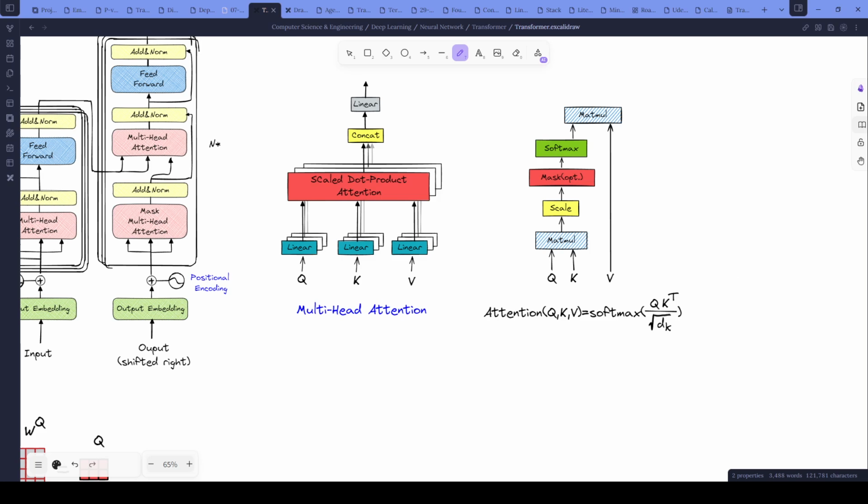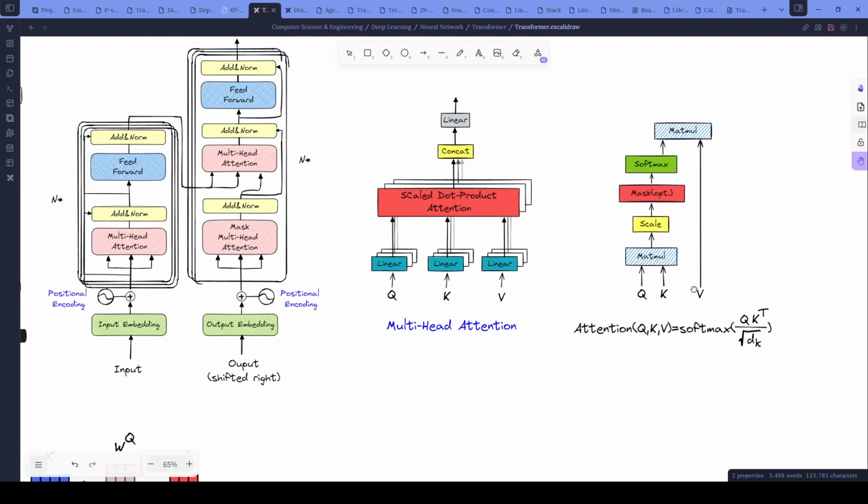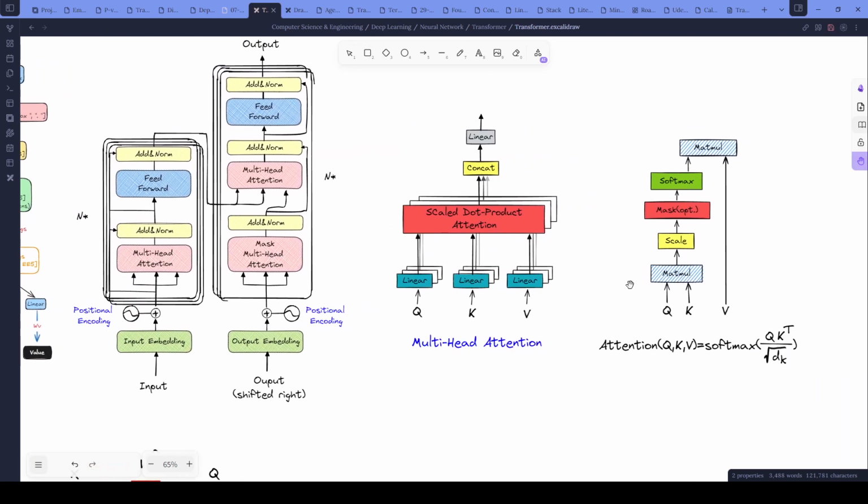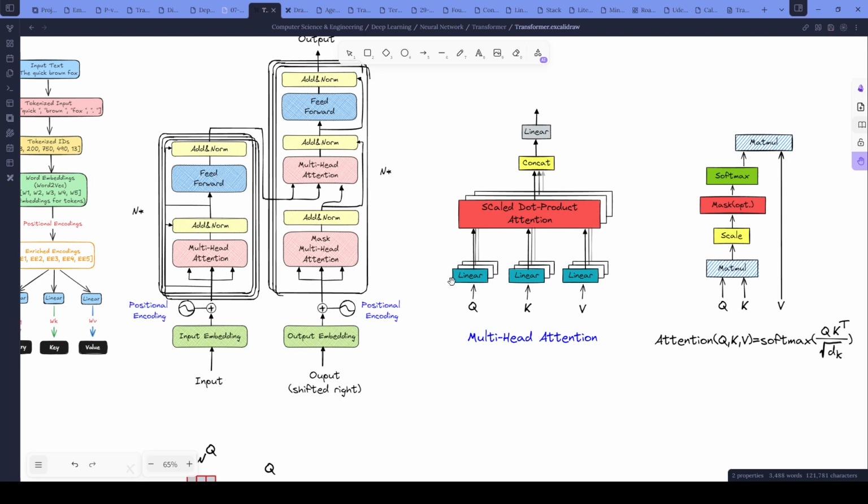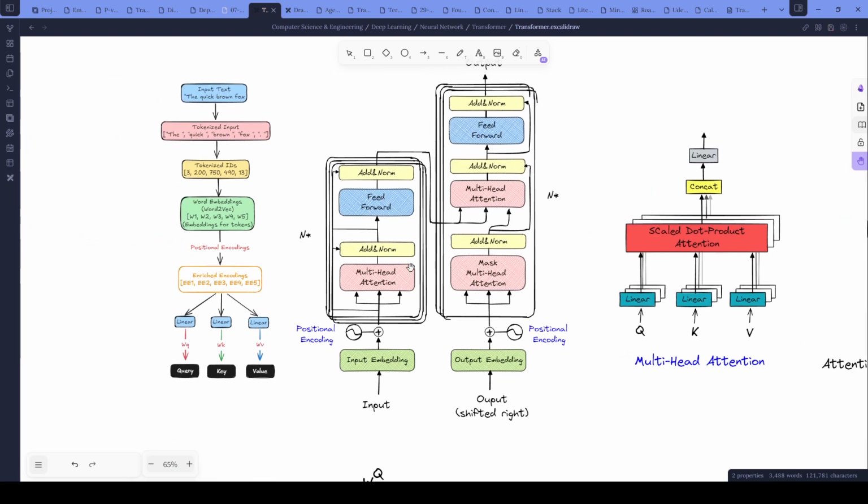But what I described here is for single-headed attention. What the transformer did is that they parallelized the process. Instead of doing one attention at a time, we are doing multi-headed attention with multiple vectors at the same time.